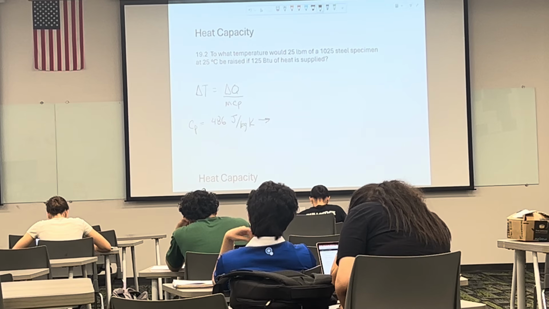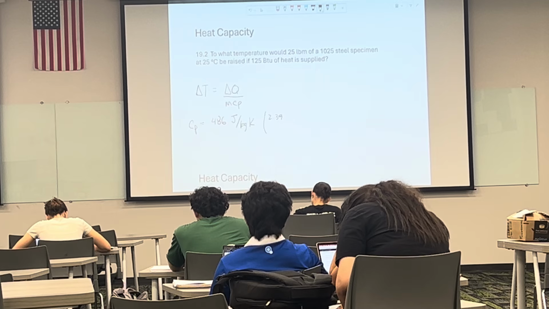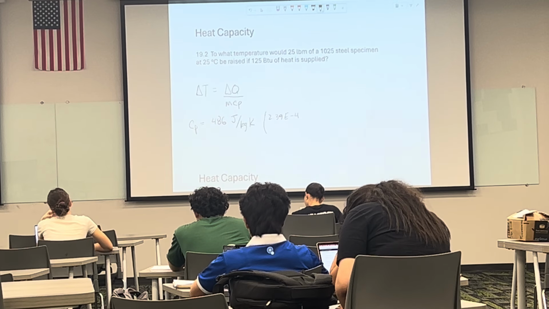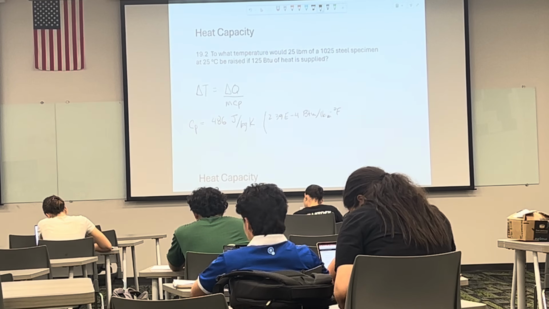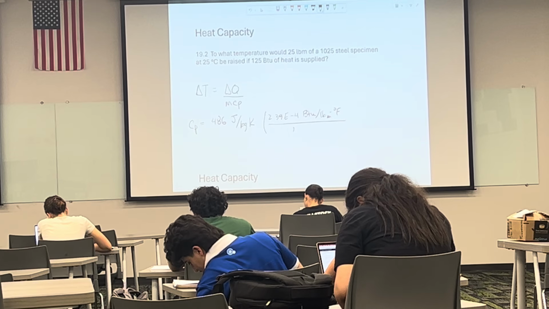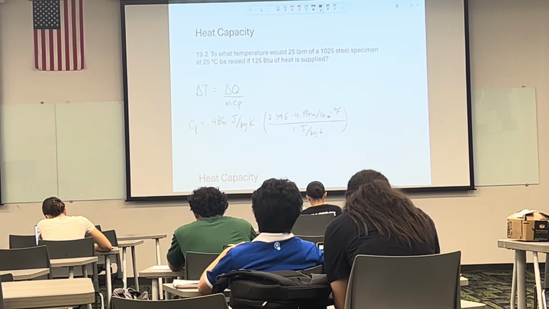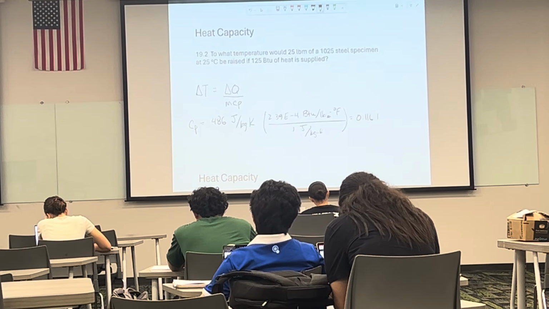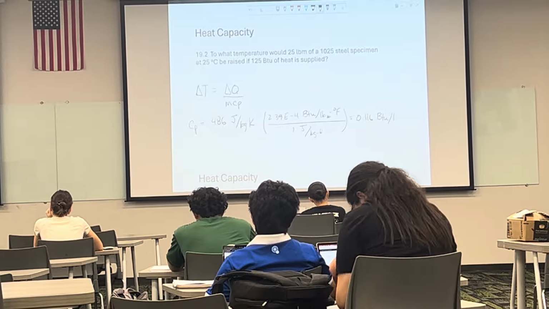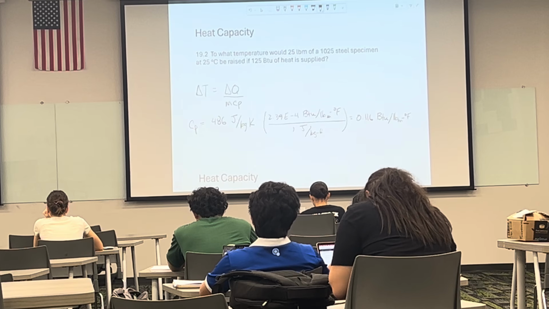Essentially, multiply this by 2.39 times 10 to the negative 4 BTU per pound-meter Fahrenheit divided by 1 joule per kilogram Kelvin, and this will get you 0.116 BTU per pound-meter Fahrenheit.